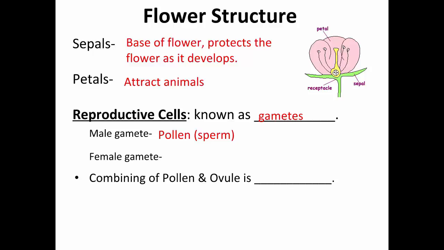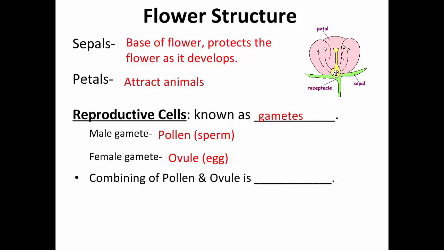Within the flower is a part that contains the female gametes, which are ovules. They have egg cells in them. When a pollen grain, the sperm cell within it, combines with an ovule and the egg cell in it, what would we call that?